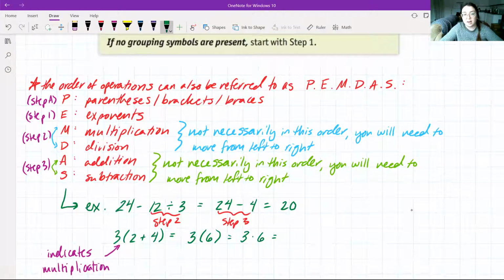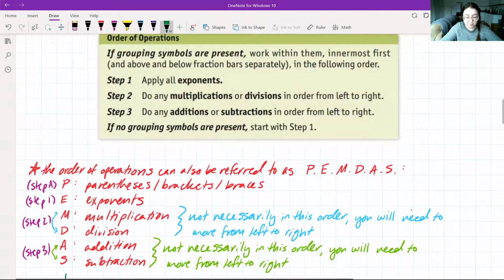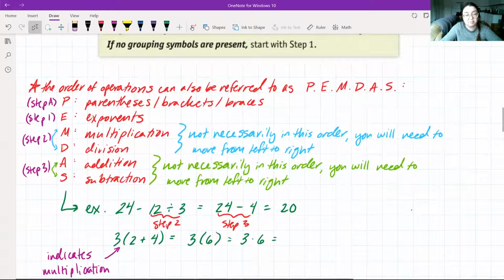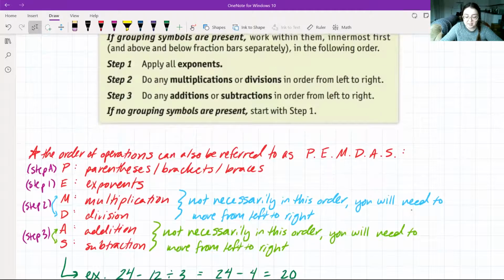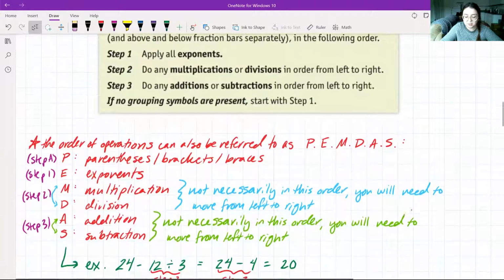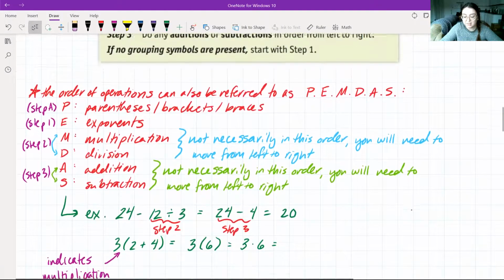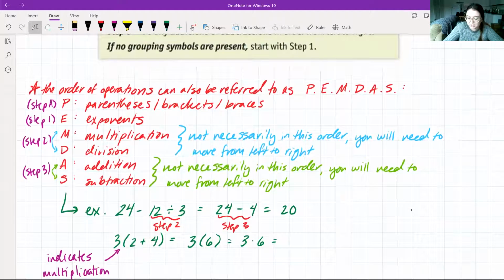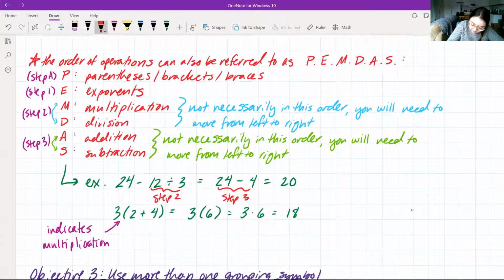And now, since we have an expression without any grouping symbols, we want to go through our steps again in order to solve. So step 1, we want to apply all exponents, no exponents. Step 2, do any multiplications or divisions in order from left to right. And we see we do have multiplication, and this will give us 18. Since 18 is our final answer, there's no need to go on to step 3. But let us factor these in.